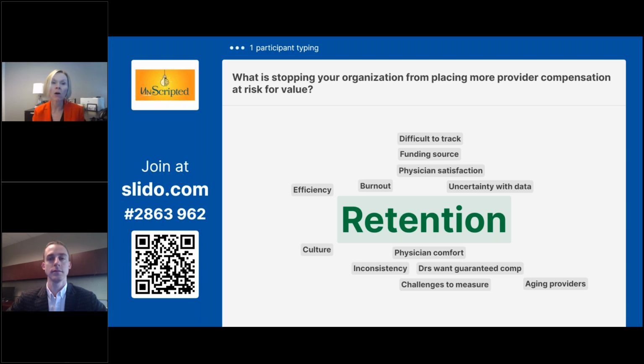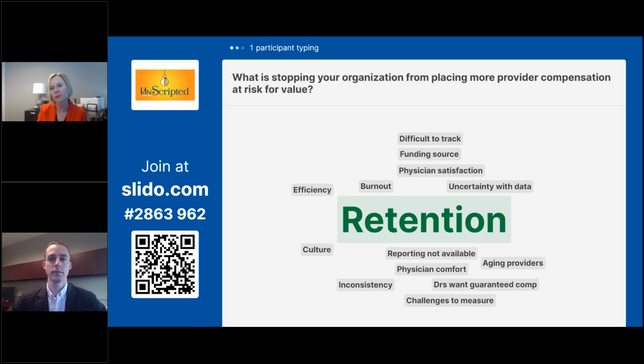And so now, as more payer reimbursement is shifting to at risk for value, I think that we have some re-education and realignment to work through with our providers to reassess and reinforce why this is important, and why we are doing it.